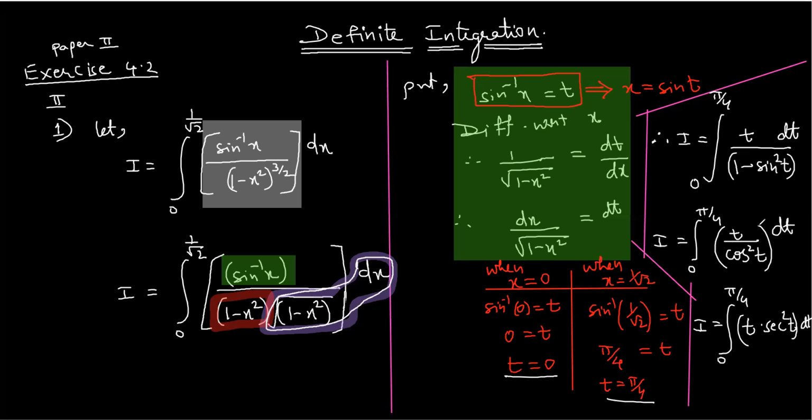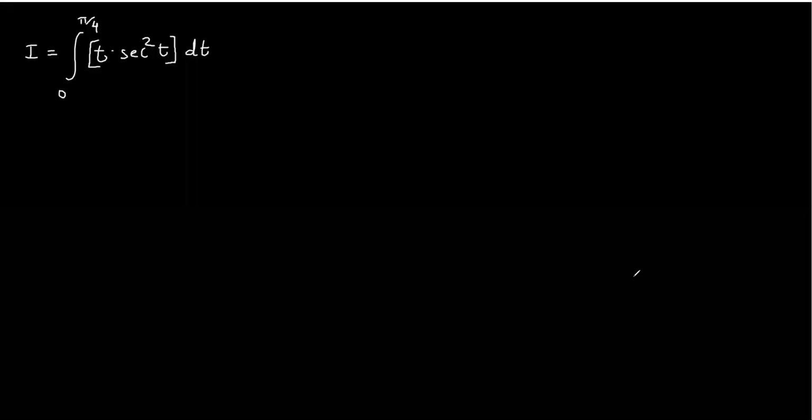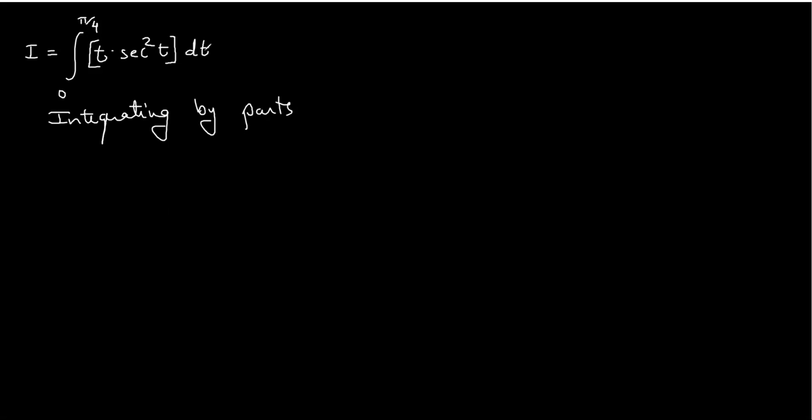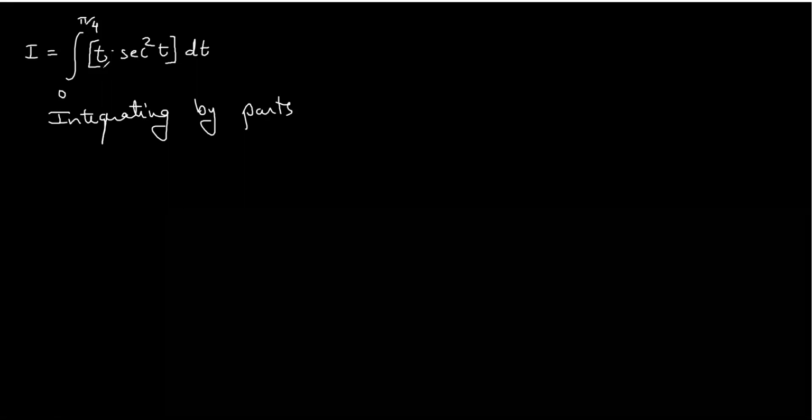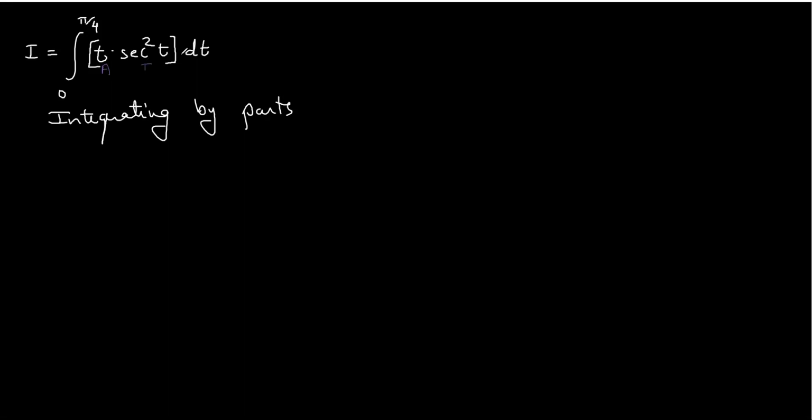Okay, and see, this is now integration by parts. So here I will write integrating by parts. And as you all know, when we integrate by parts, we check the functions. There are two functions. This is algebraic and this is trigonometric. Now we have to go for the priority code. What's the priority code?